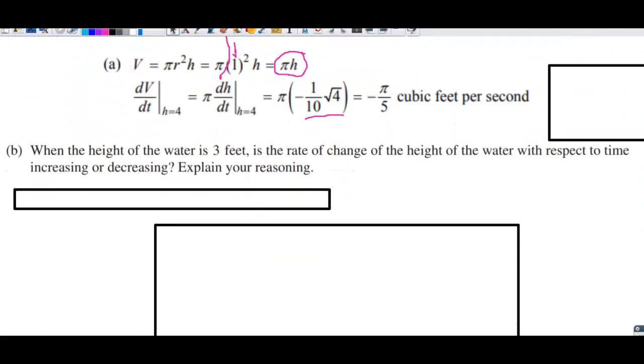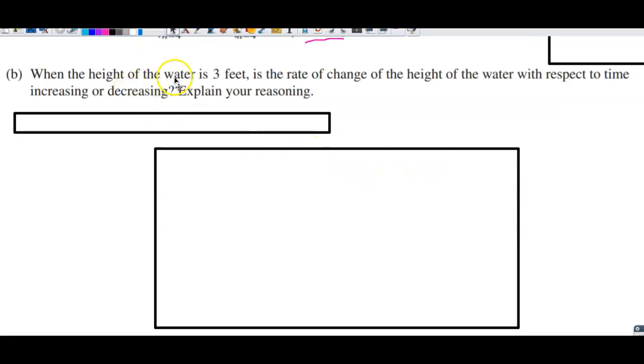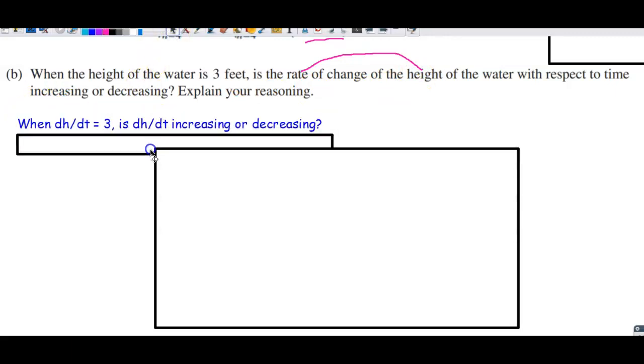Now there's another implicit part of this problem. In part B, it tells us when the height of the water is 3 feet, is the rate of change of height, there it is, height rate, dH/dt increasing or decreasing? So I recorded on my paper, when h is 3, got it from there, is dH/dt, got it from here, increasing or decreasing?